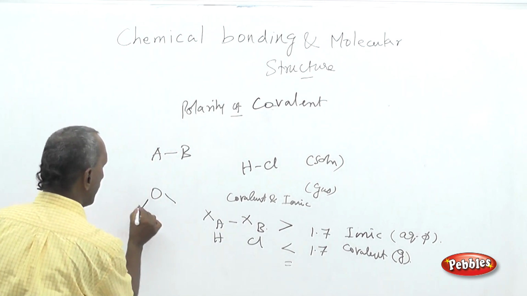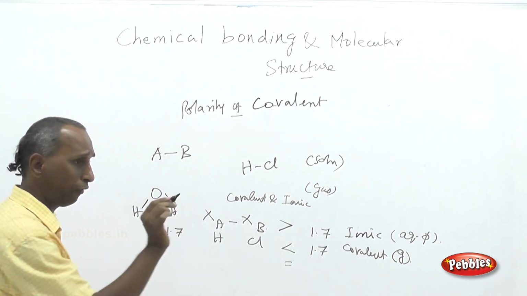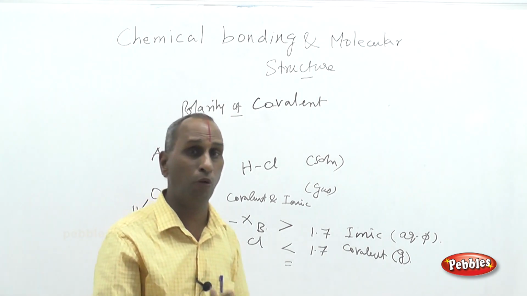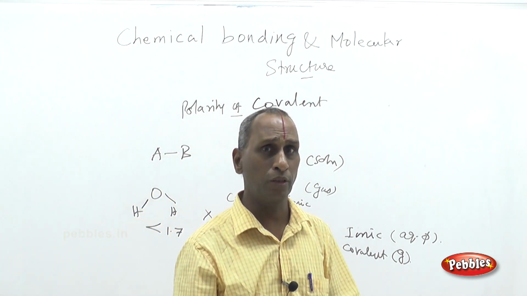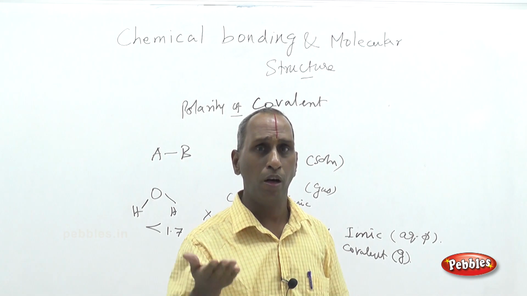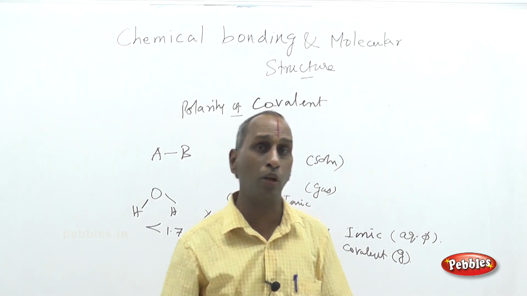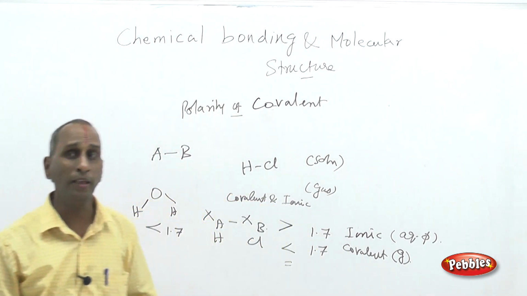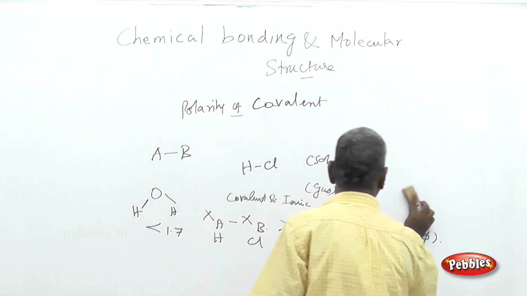In the case of water, it is always less than 1.7. There is no question of gas phase; whether H2O is in the solid, liquid, or gaseous state, it is always less than 1.7. In the solid state it is called ice, in the liquid state water, and in the gaseous state steam. In none of the cases is the difference in electronegativity more than 1.7, so it is always covalent.